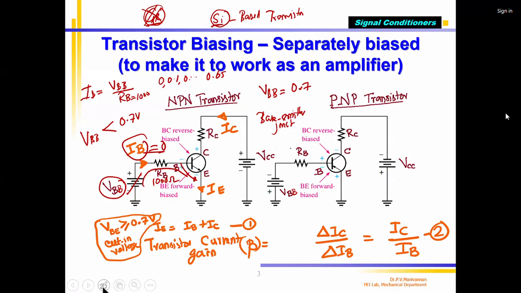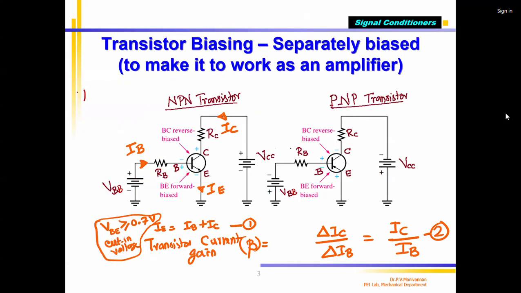Now, a small modification. Previously I said IB equal to VBB divided by RB. Now, because I said only when VBB is greater than 0.7 volts, IB will flow, IB has a new formula. We say VBB minus VBE, note down, divided by RB. This is the new formula.